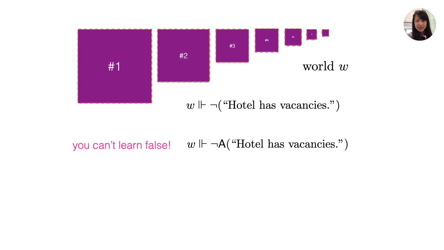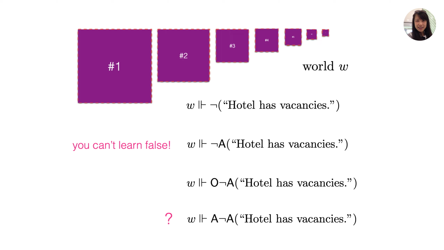However, if you're able to open all of the doors, the infinitely many doors, then you are able to learn the fact that not the hotel has vacancies. However, with finitely many pieces of evidence, if you are only able to open finitely many doors, you will not learn the same fact.